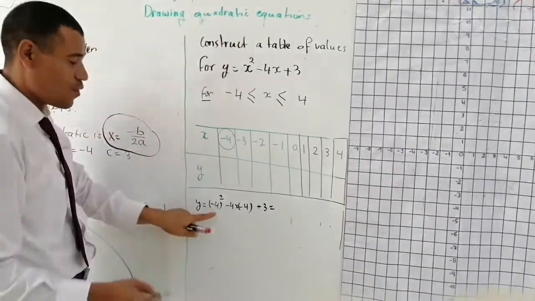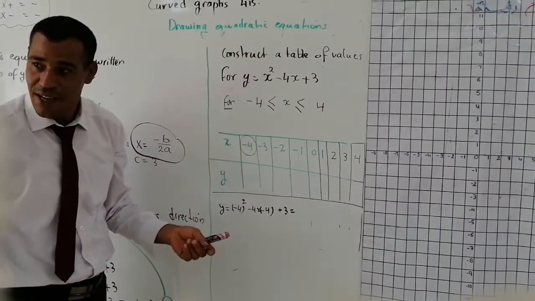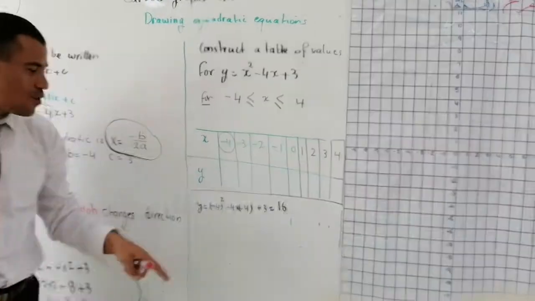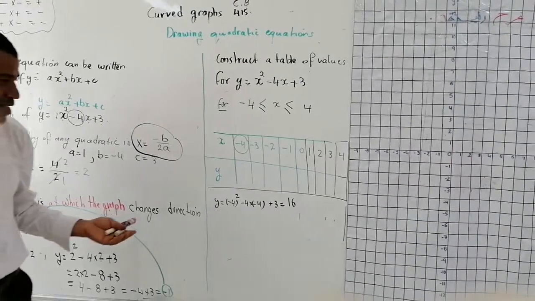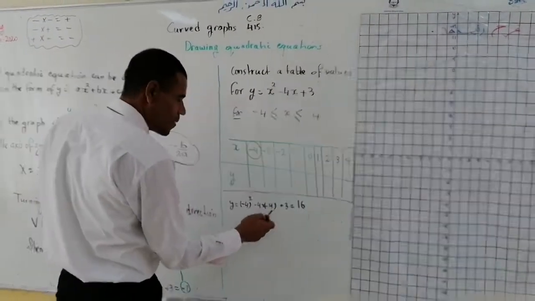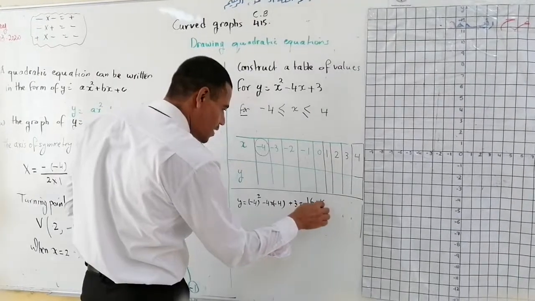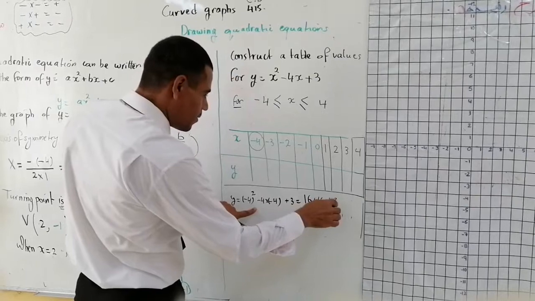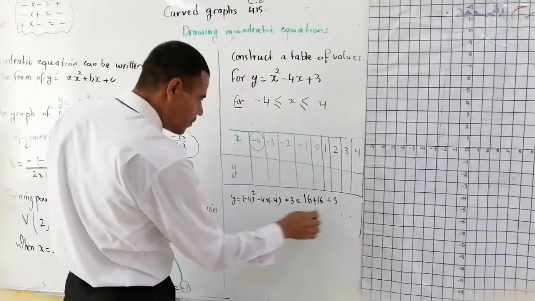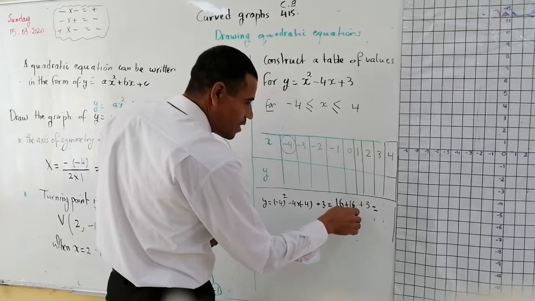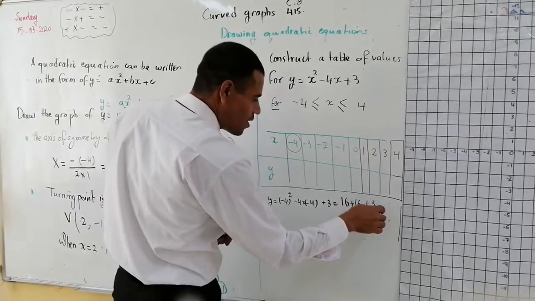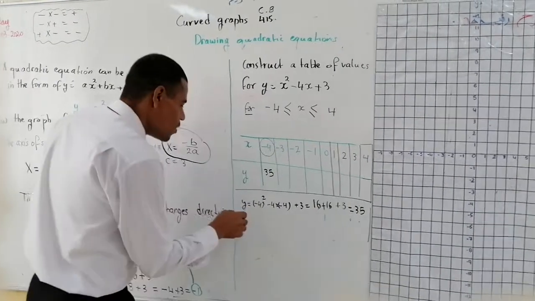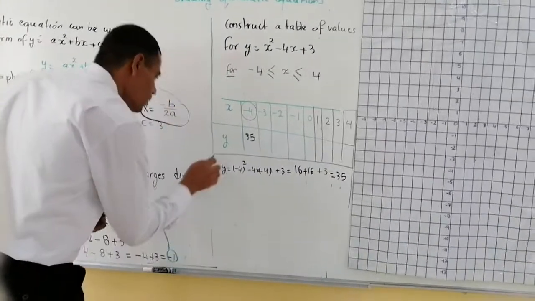So negative 4 squared, negative 4 by negative 4, yes, 16. Very good. Then negative 4 multiplied by negative 4 is also 16, because negative multiplied by negative is positive. Then plus 3: 16 plus 16 is 32, plus 3 is 35. Okay, this is 35.